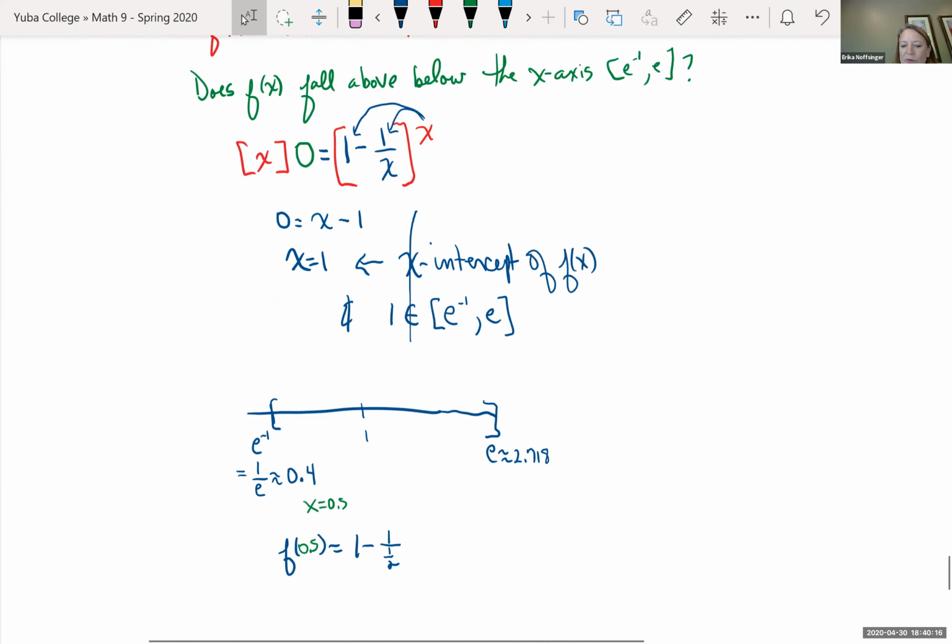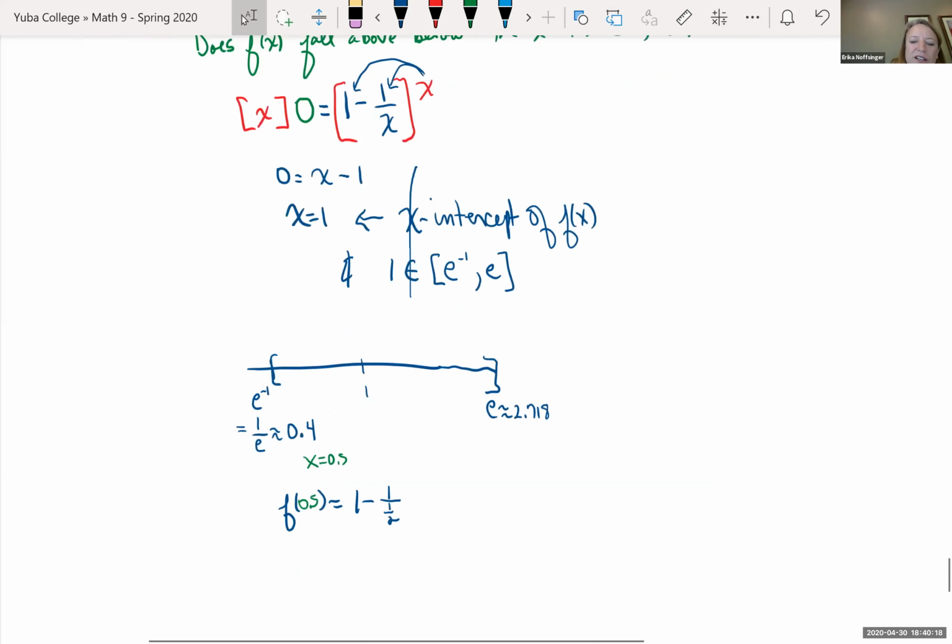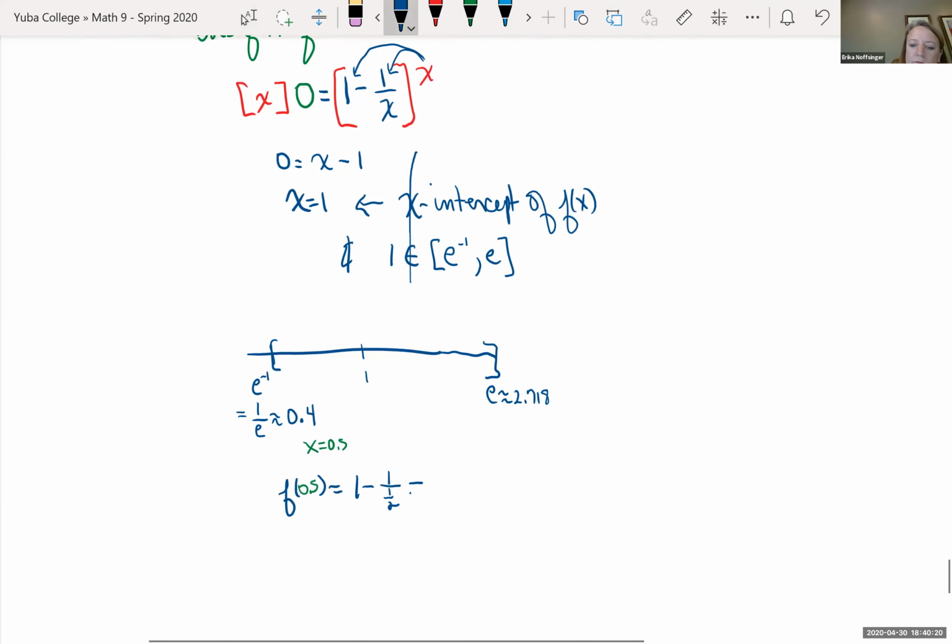That gives me 1 minus 2, which is negative 1. And so I know that this is below the x-axis.